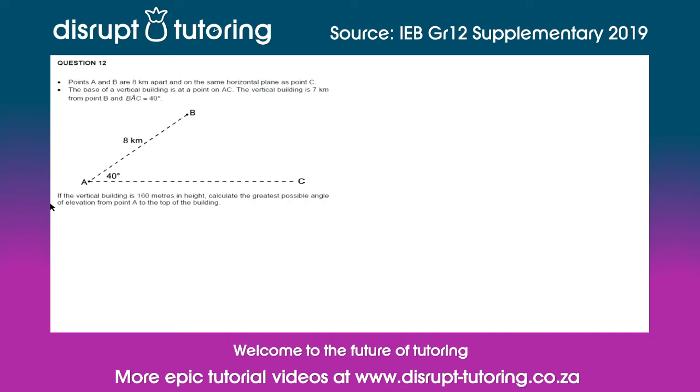So the question asks that if the building is 160 meters high, calculate the greatest possible angle of elevation.